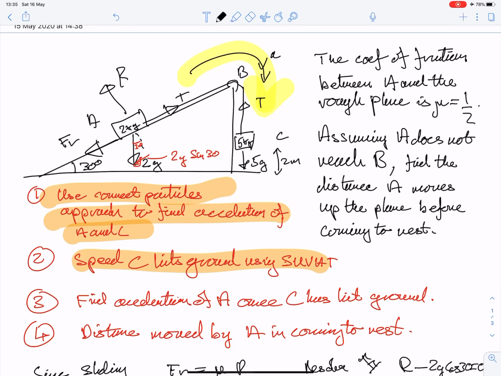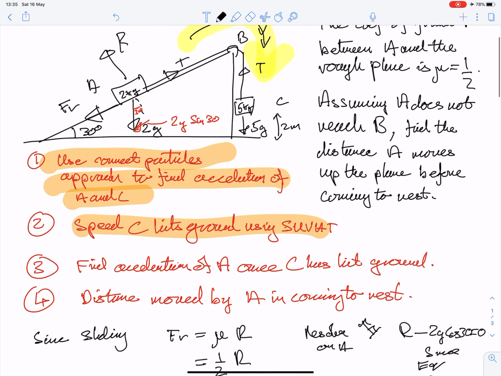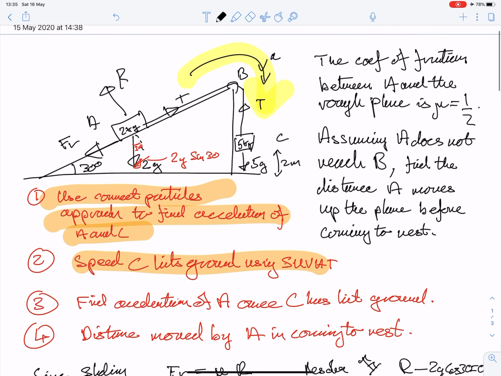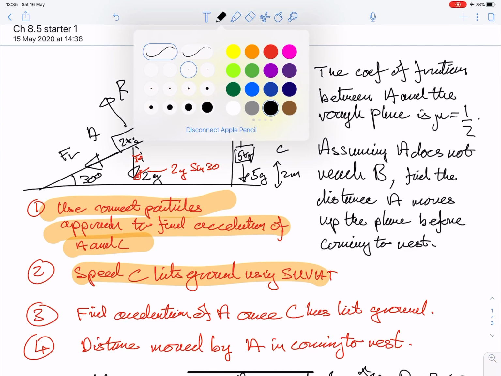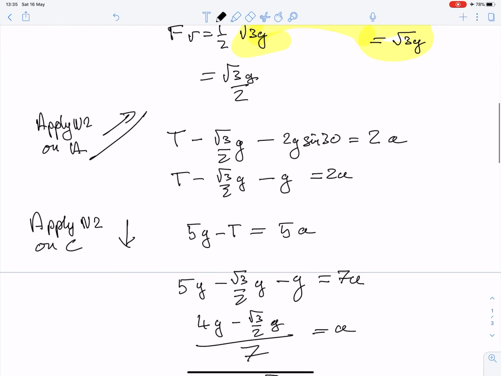Okay, so we've now done that first part of our plan. We've got use connected particle approach to find the acceleration of A and C. So we've got that. So we now want to find the speed of C hitting the ground using SUVAT.